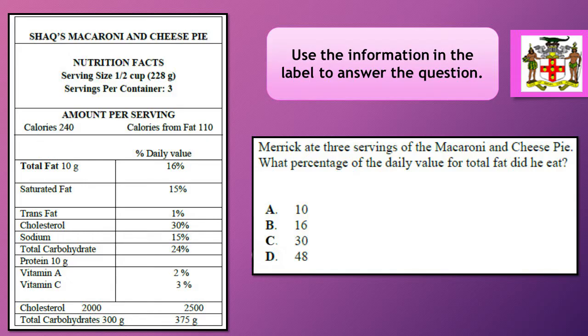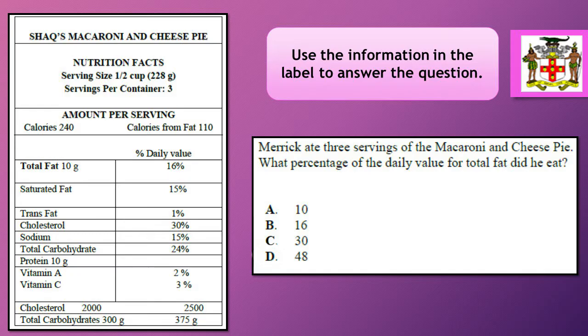Before we do that question, let's go back to the label. So Merrick ate 3 servings, but on the label, the amount per serving is given. So if we use 1 serving, the total fat in terms of percentage daily value is 16%. So from 1 serving, Merrick would get 16%.